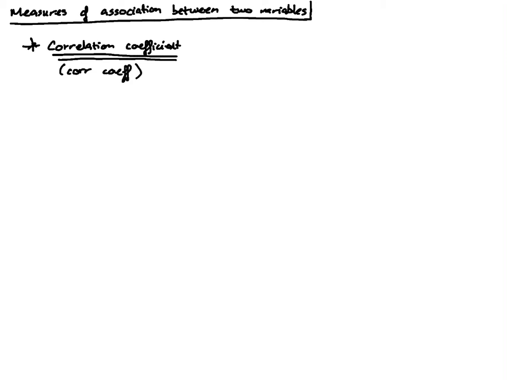That should be understood as correlation coefficient. So the correlation coefficient measures the linear relationship between two variables.